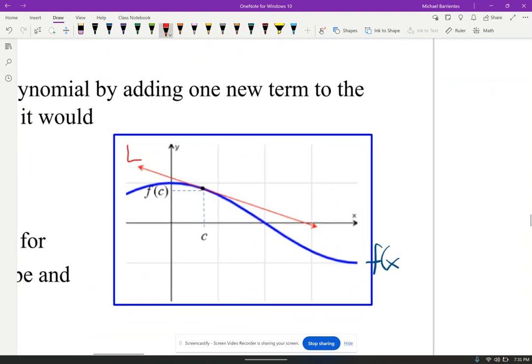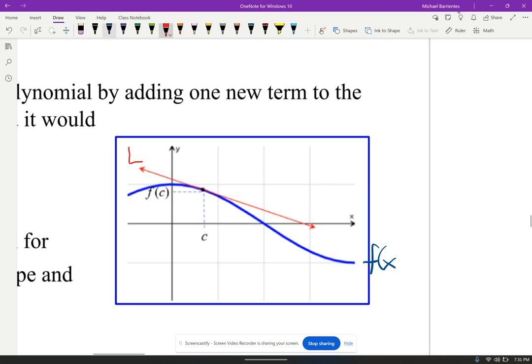And as you can see, if I were to zoom in, when I'm on this point, and this is something that maybe we didn't stress enough, what's special about this line is that this line shares two things with the curve. It shares the same y value, right? This green point has the same y value on the red line as it does on the blue line, and it shares the same slope. The slope of the curve at that one green point is the slope of the red line.